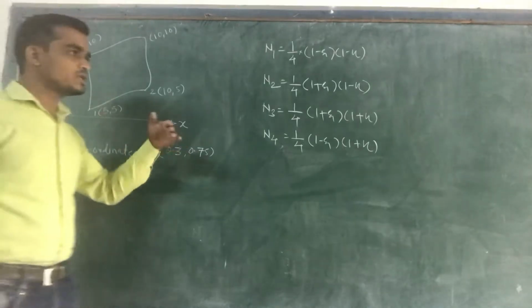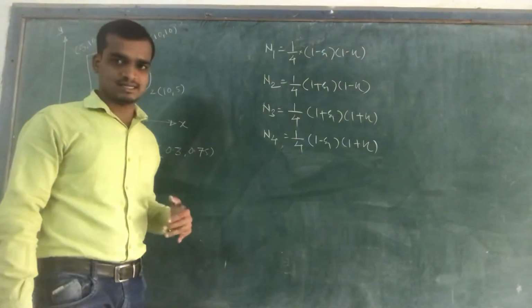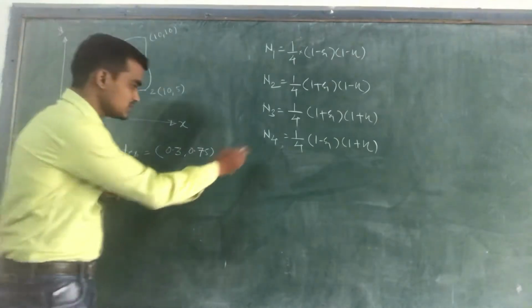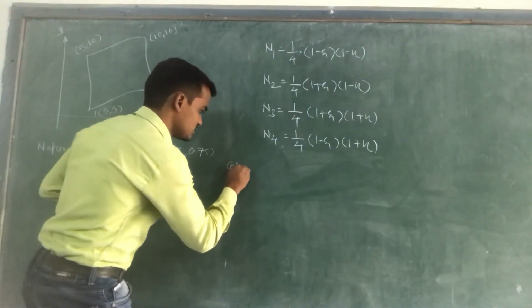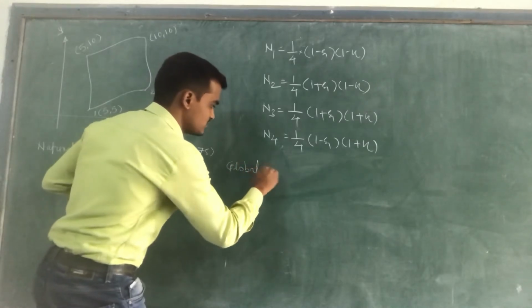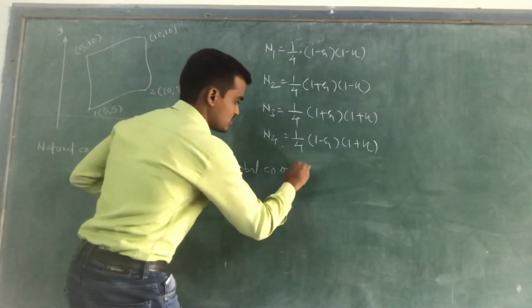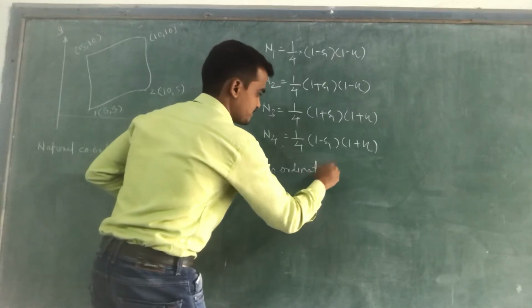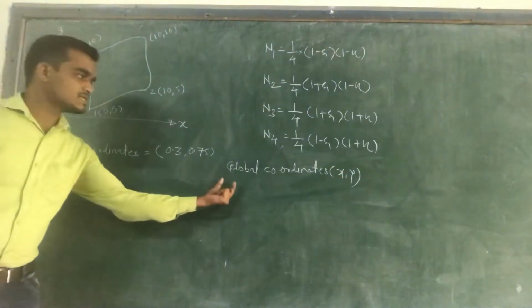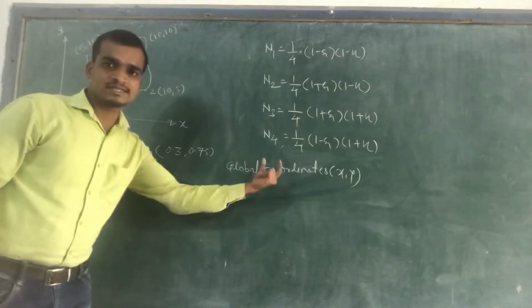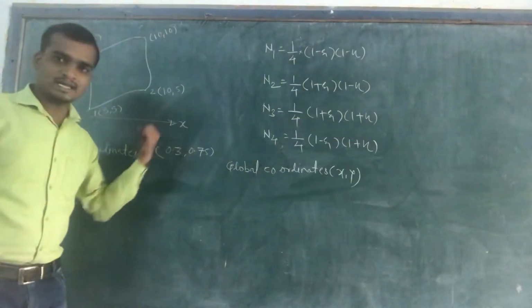There are two categories that will be asked in exams. The first one is to find out the global coordinates x comma y, or you can say the Cartesian coordinates x comma y, with the help of natural coordinates.